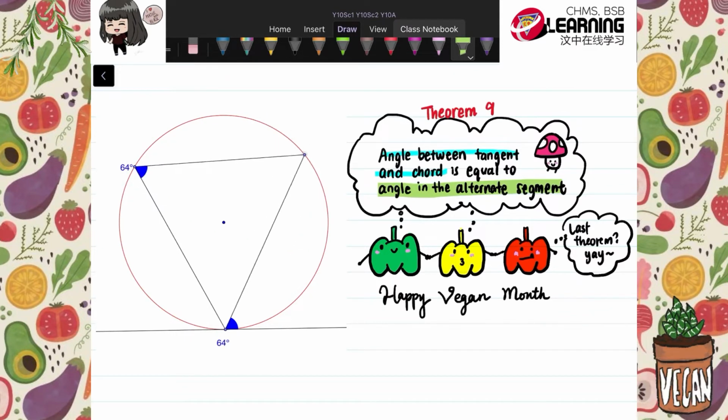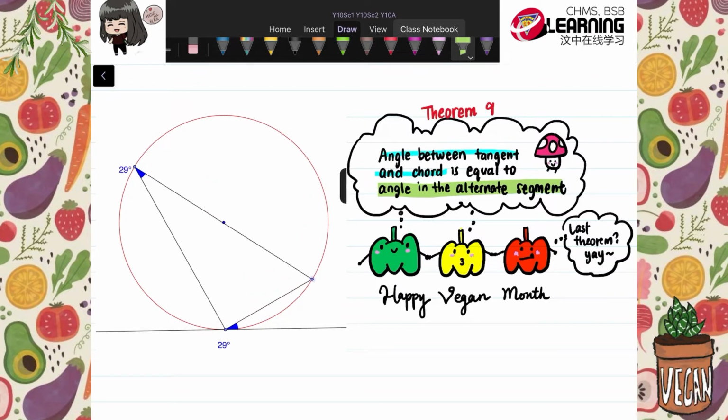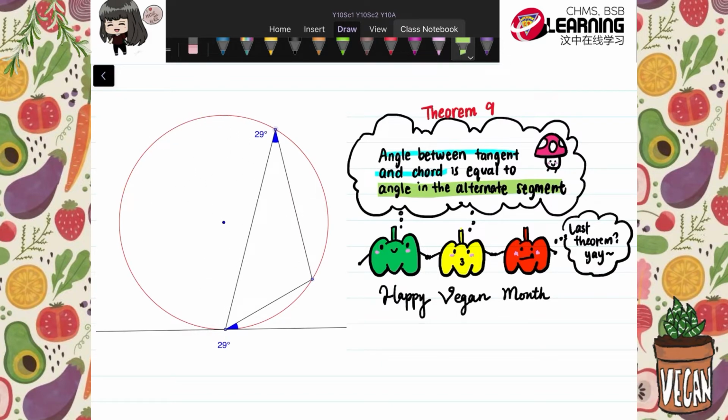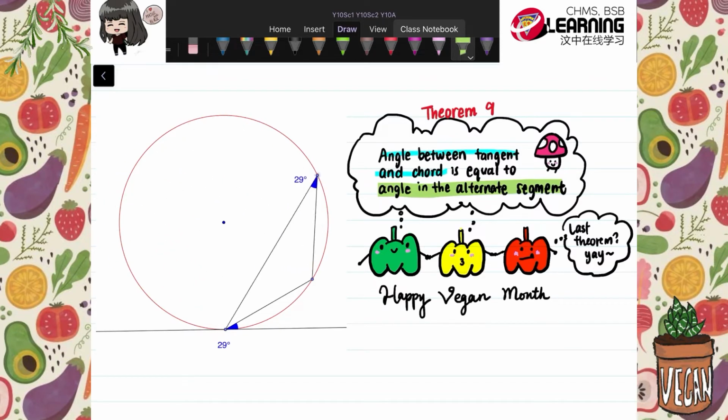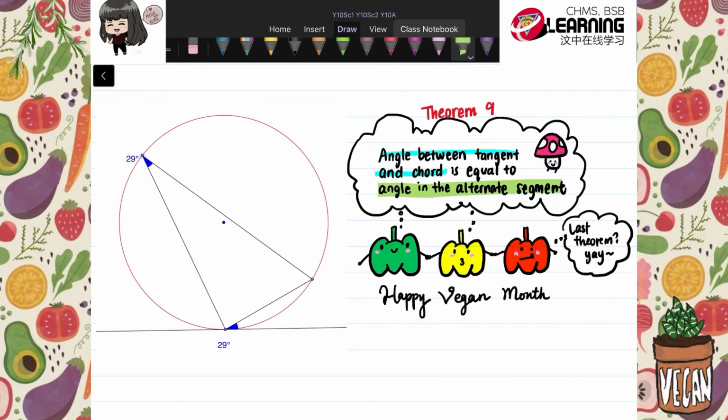If I move, even though my chord is this short, the angle in the alternate segment will be this 29, the same as this 29. And look at this, the alternate segment can be anywhere. It can be like this also, not necessarily like that.